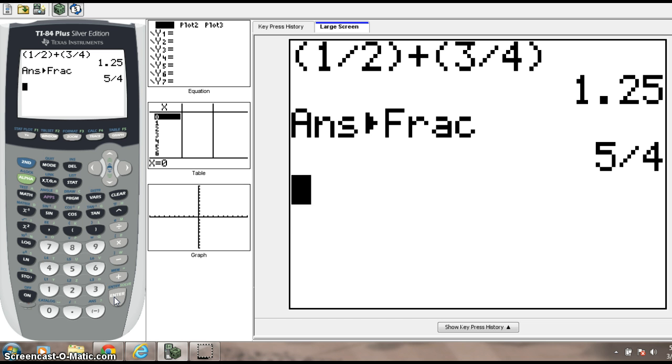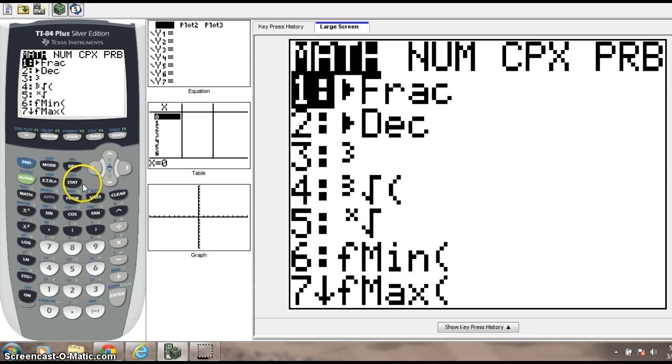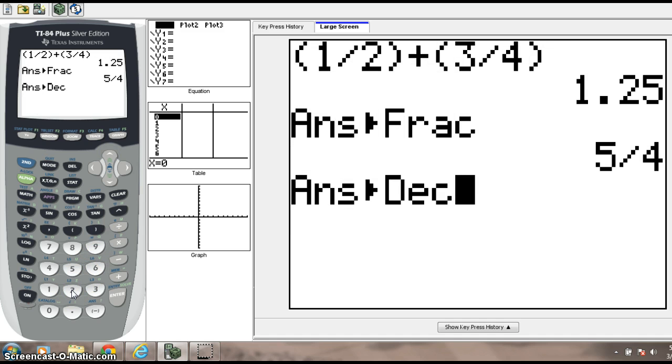You could also convert it from a fraction back to a decimal if you needed to. So if you push math, then the arrow keys right here, if you arrow down to the number 2 to select decimal, or you can even just select the number 2 and then enter, it will put it back in decimal form for you.